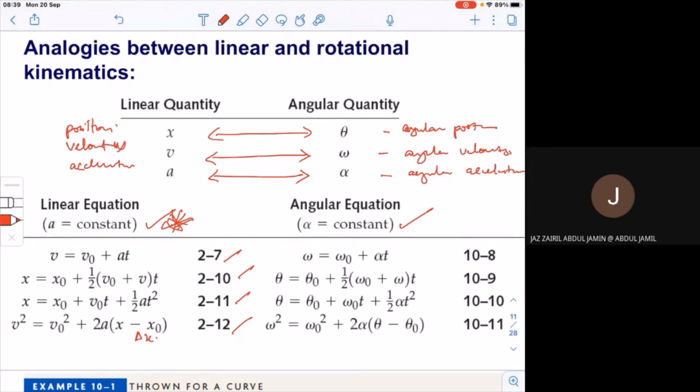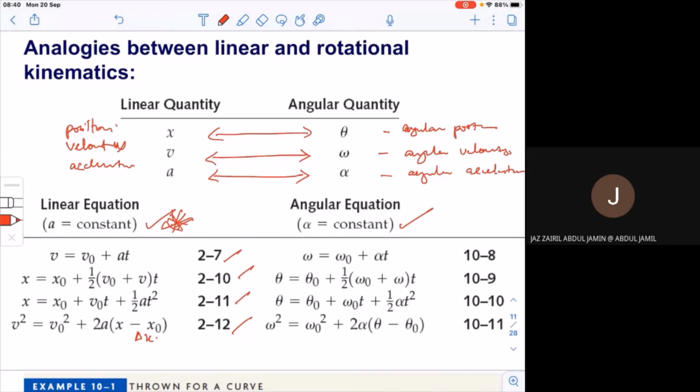But in the angular equations, everything that you write down in the linear equations has a comparable, because x is comparable to theta. So we can also write it in terms of angular equations. Why? Because there must be some rule that allows alpha to be constant. What is alpha? Alpha is angular acceleration.